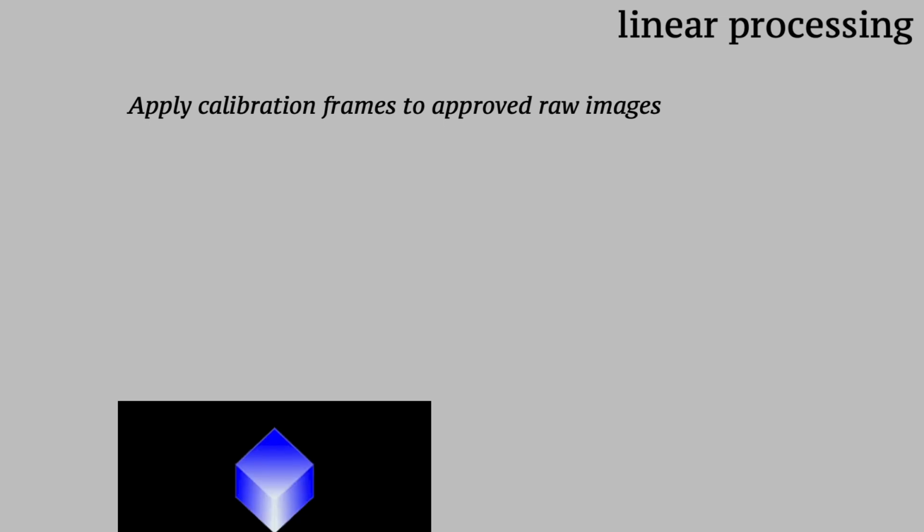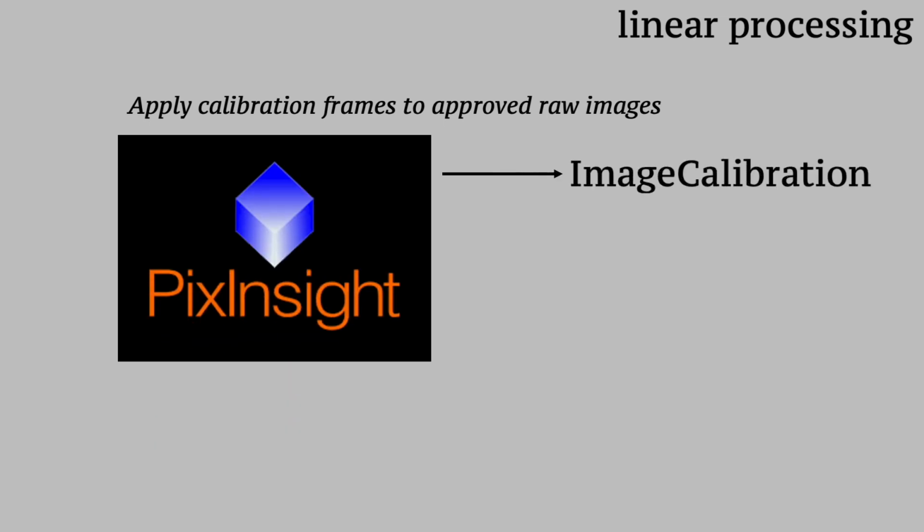So in linear processing, the first thing we want to do is apply the calibration frames, the bias, the dark frames, and the flat frames, to the raw images that we have approved. We're going to use PixInsight, and PixInsight has a tool called ImageCalibration. So you will load your raw images from a single filter, so all your lumens, and then maybe all your reds after that.